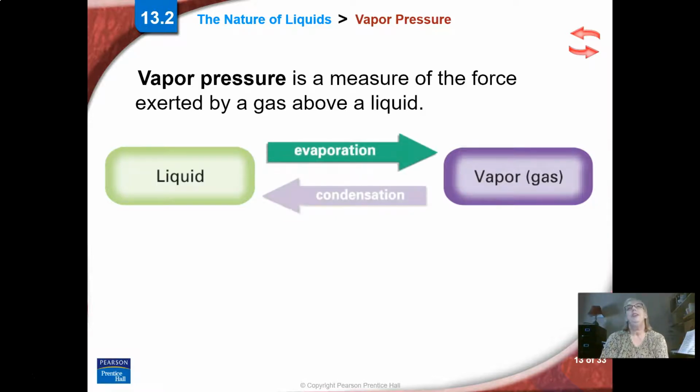It's how much vapor is over the top of the liquid. When there's enough of it, that pressure is high enough, it will condense back inside and go back into liquid. So liquid will evaporate to gas, then there'll be a loss of kinetic energy, and those gas particles will slow down and condense and go back into the liquid.